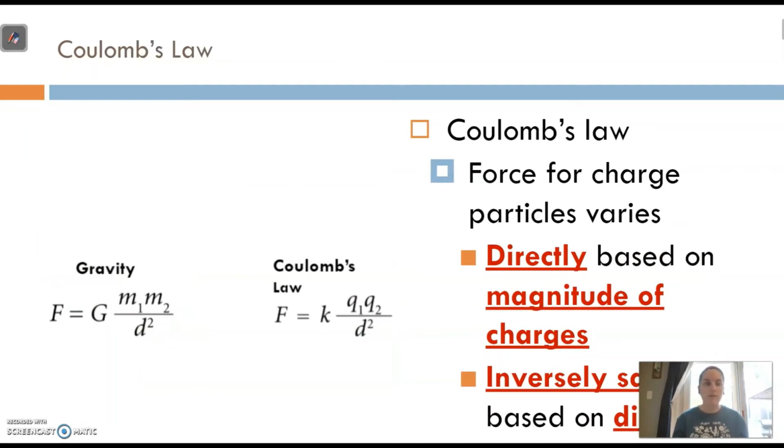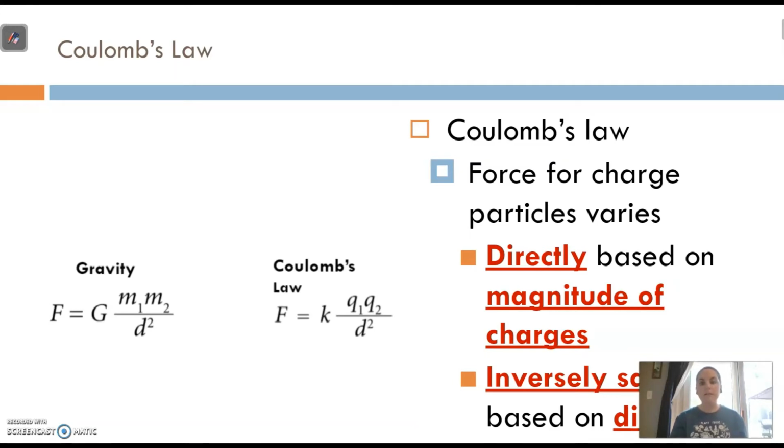When we are looking at the force of attraction or repulsion between our charges, we're looking at Coulomb's Law. Again, it looks very similar to the force of gravity, but pay attention to two things: one, we're now dealing with charges, and two, we have a different constant, k. But the same type of ideas apply, where the charge values are directly proportional to the force. If you increase the charge, you're going to increase the force between them.